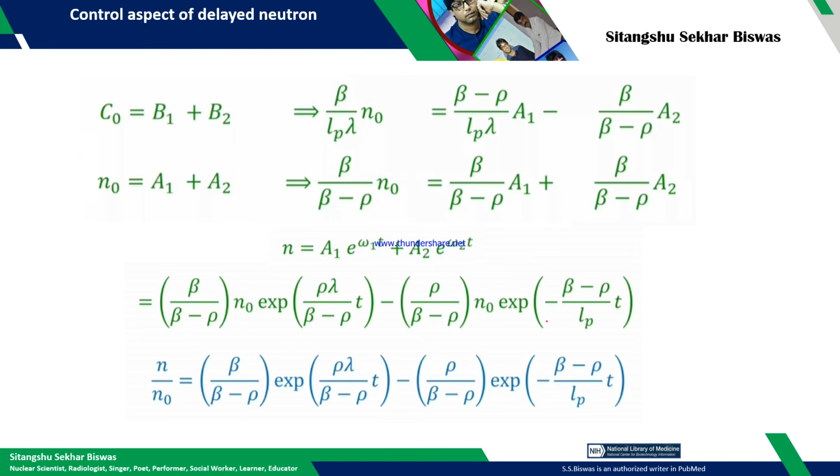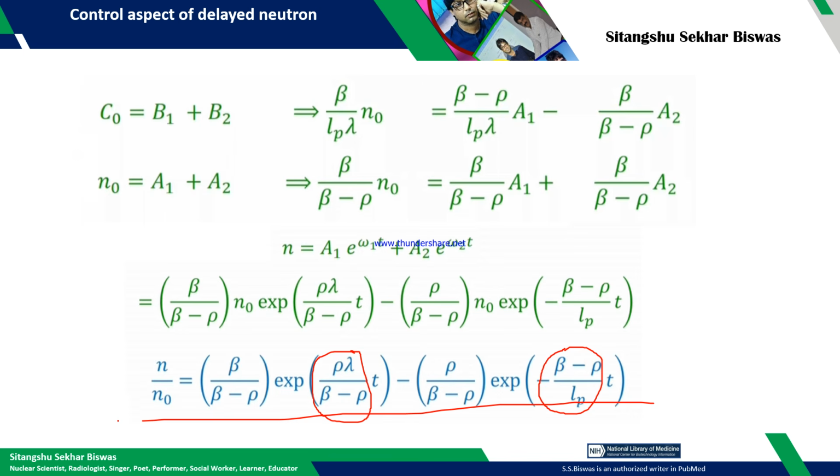Okay, so by doing this exercise, finally I got the n by n0 is this one. Basically this value is omega 1 and this value is omega 2, as I told.